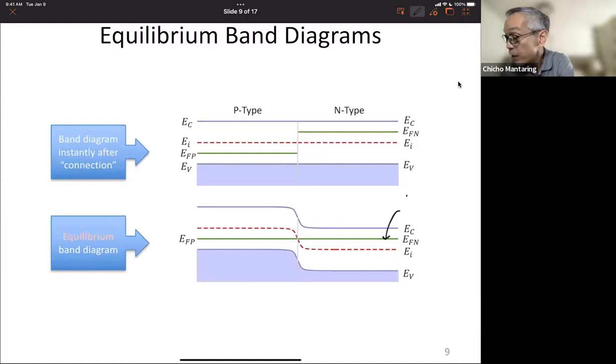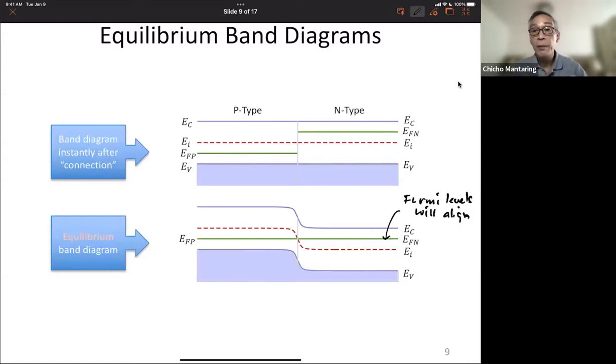The Fermi levels will align, which is consistent with what we said about the Fermi energy. If you're talking about a solid, you can only have one value of a Fermi energy for that entire solid.